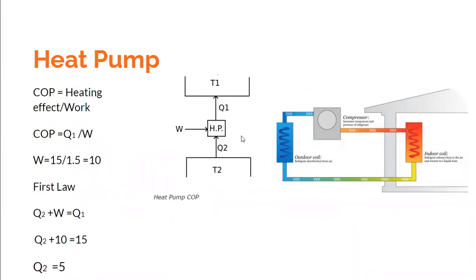So substituting these values now, what is given is Q1, that is the heating effect, and you are required to find the work by using this expression, COP is equal to Q1 by W. Okay, so that becomes very easy now. So the work input to this machine is 10 kilowatts. You need to supply 10 kilowatts to the heat pump for getting this heating effect of 15 kilowatts.